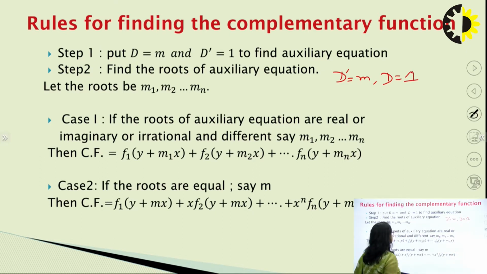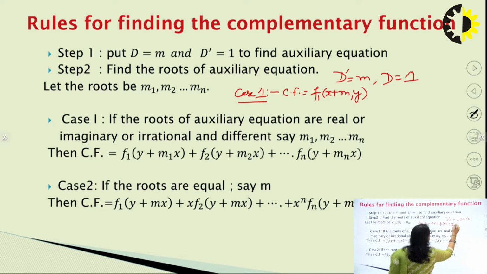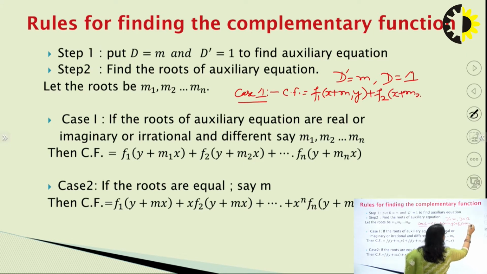In that situation, both cases will still occur, but the difference will be that instead of this CF, we will have CF in case 1 written as function of x plus m1y plus function of x plus m2y and plus function of x plus mny.